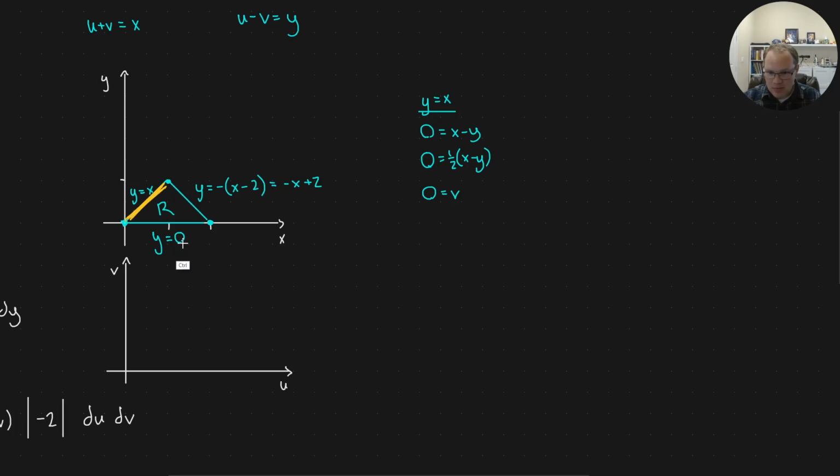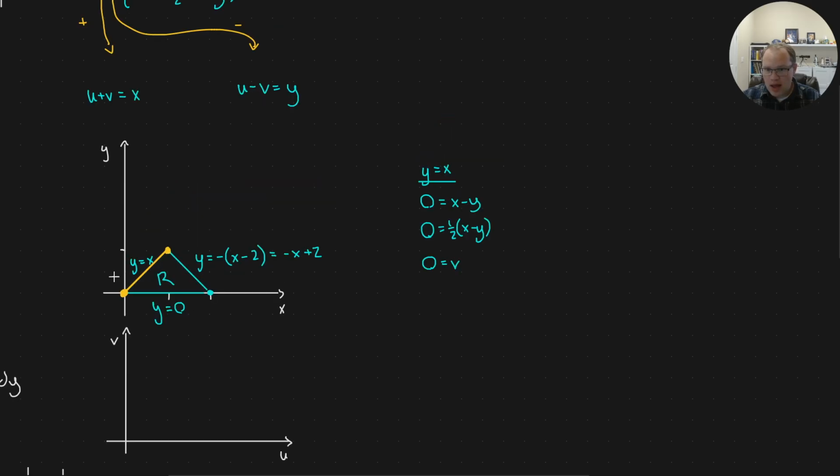Okay, so my first line here is v equals 0. That's this line here, and maybe I should color code these. This line here, when I translate it to UV space, it's v equals 0. So that'll be this line here on the u-axis. Okay, and it goes from this point to this point. Okay, so that was the point xy equals (0, 0). So let's write that down.